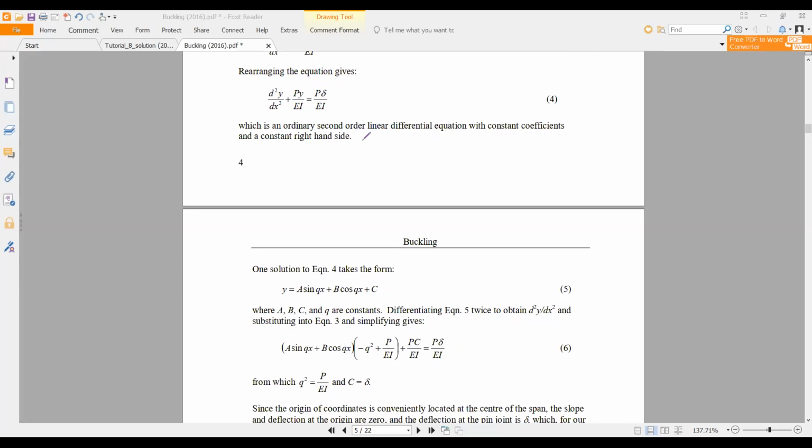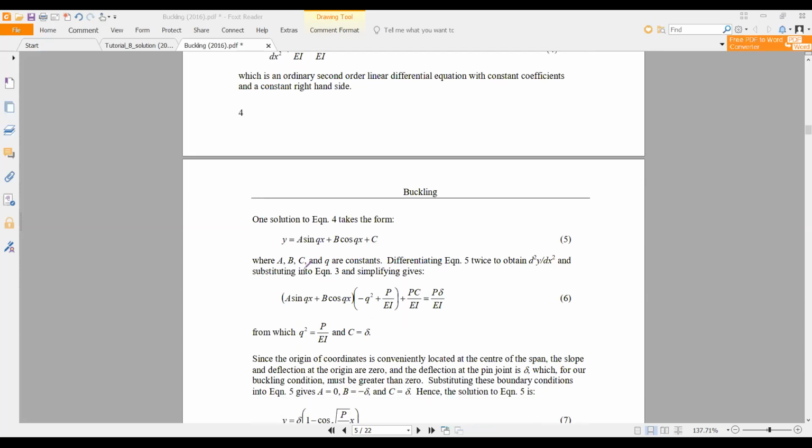Just substitute this in here. Earlier we didn't know what the y function was. Now we know the y function, so you can substitute here. When you substitute, don't substitute d squared and this part. You need to get the second derivative of this function and substitute here, and you will end up like this.